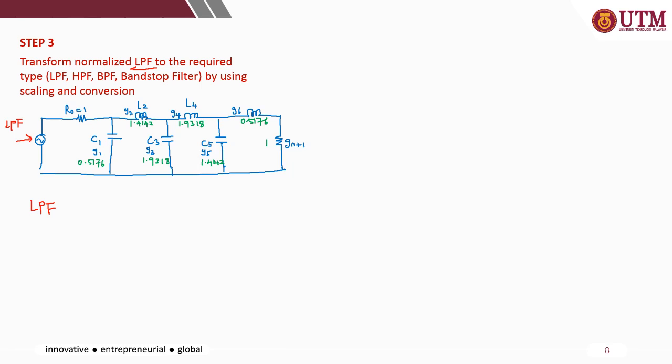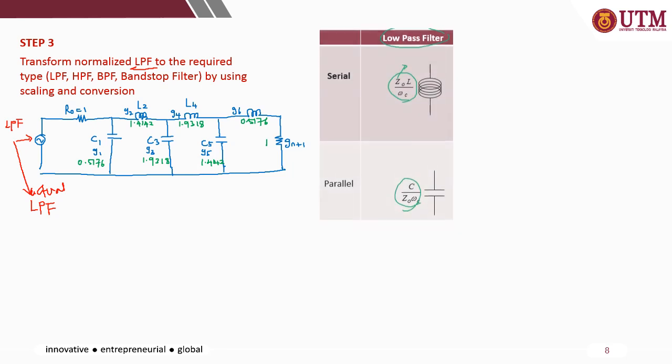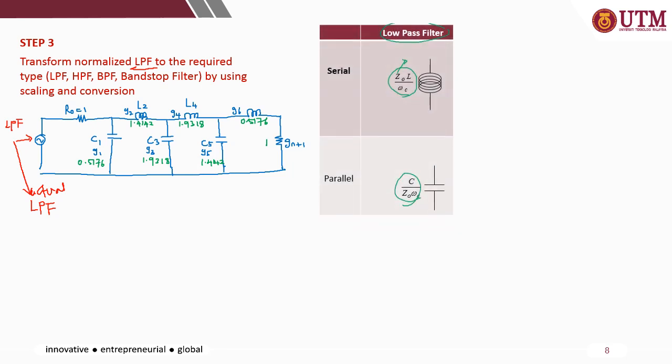For the final circuit, you will convert this normalized circuit into the actual or real low pass filter. So you need to refer to the filter transformation table and look at what happens to each of these components in the normalized circuit for the actual circuit.